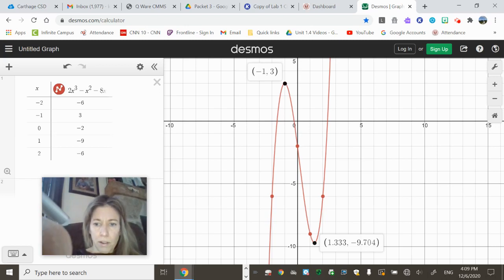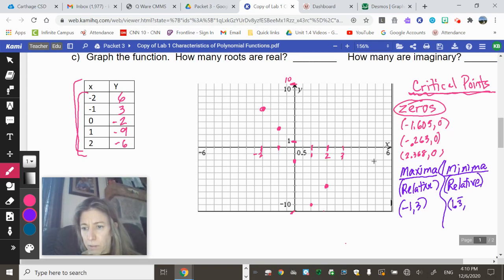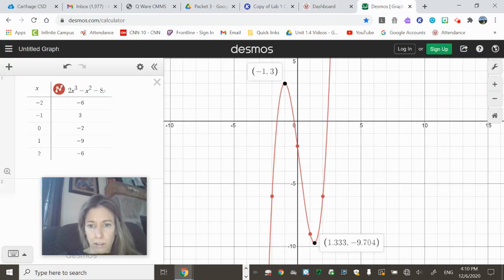Okay, so the relative maxima, and it's like a local maxima, is -1, 3, and for the relative minima, it's not an absolute minimum, but it's just relative to that area. That was 1.3 repeating, comma, -9.704.